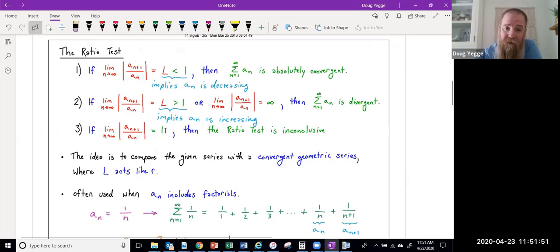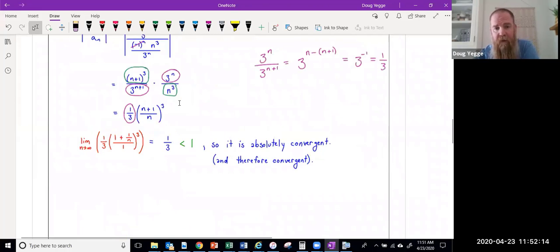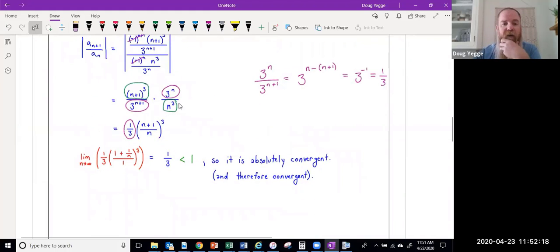Now, if the number is equal to 1, then the ratio test is inconclusive, because all that's telling me is that the numerator and denominator are staying the same as n approaches infinity. So I'm not going to be able to use the ratio test to test for convergence or divergence. So that's why you're looking for values that are either smaller than 1, meaning it'll converge, or greater than 1, meaning it'll diverge.